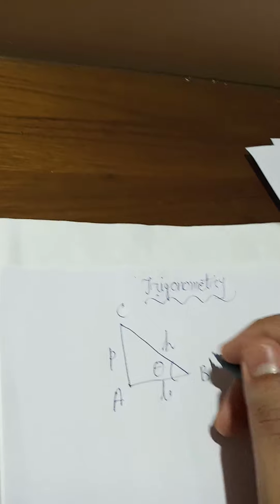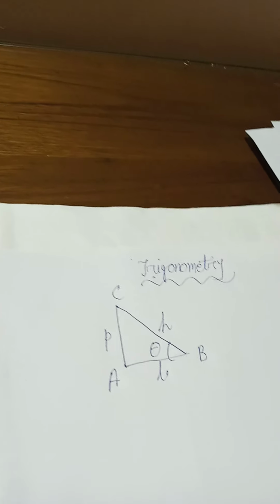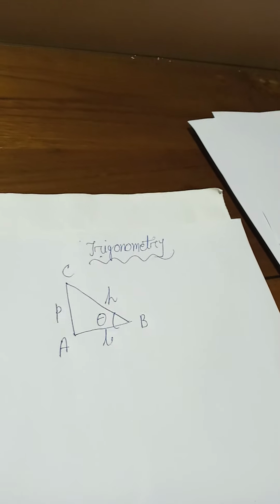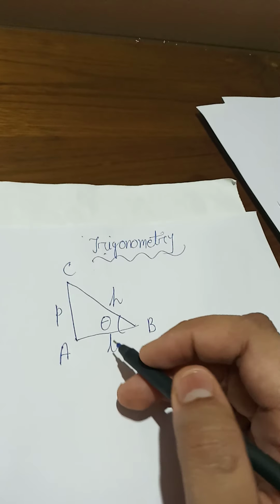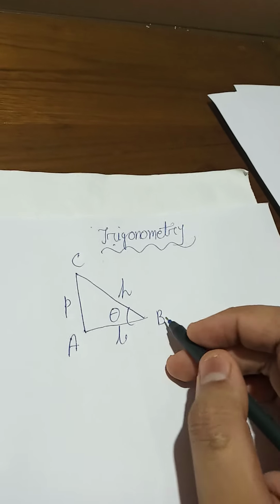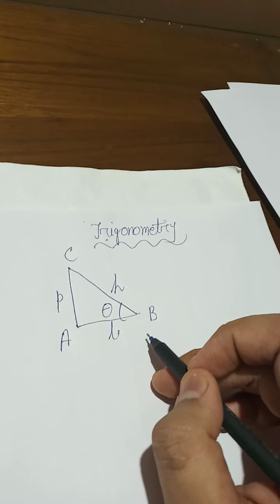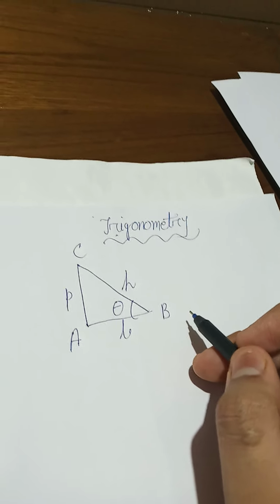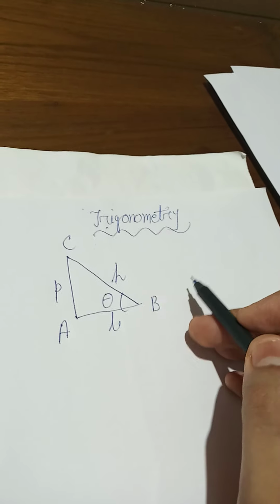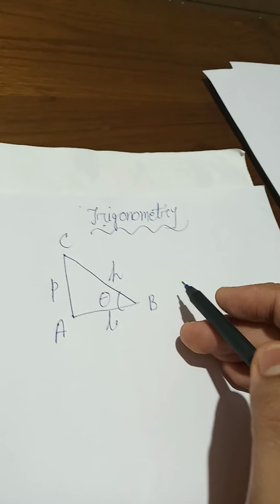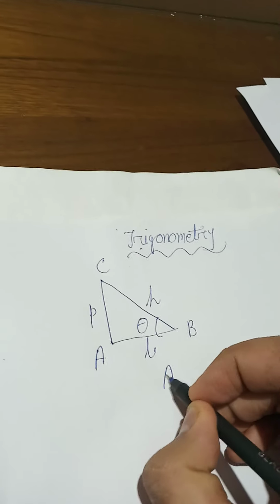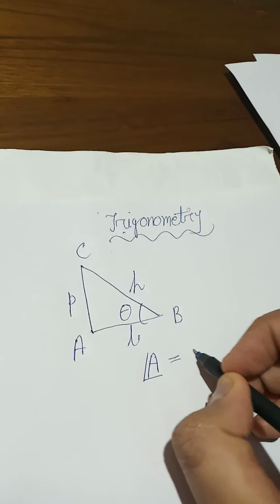So now, to study the different trigonometric ratios of the functions, we will consider a right angle triangle. Suppose ABC is a right angle triangle with angle A is 90 degrees.